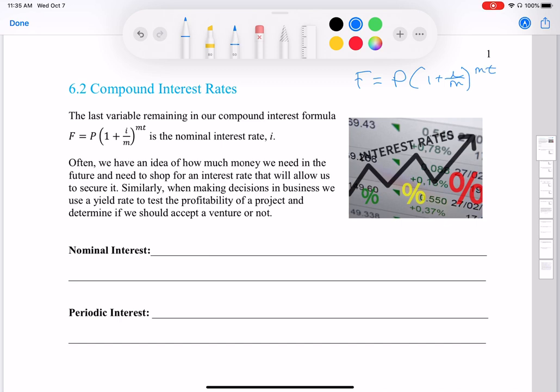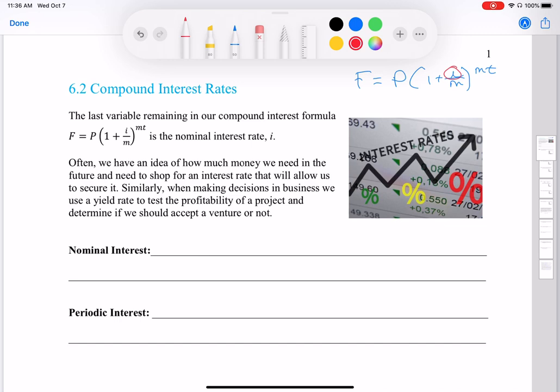And today, we are finding I. We're going to look at solving for interest when we know all of the other variables. That will be the first skill that I do with you. The second skill we need for Math 53 is all about converting interest rates so that they match up with our payment schedule.